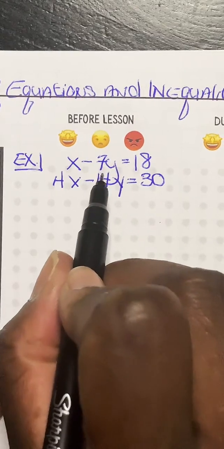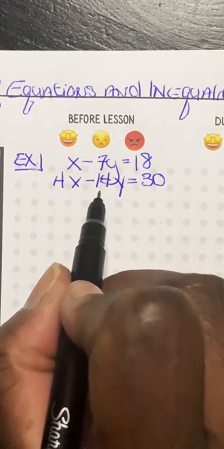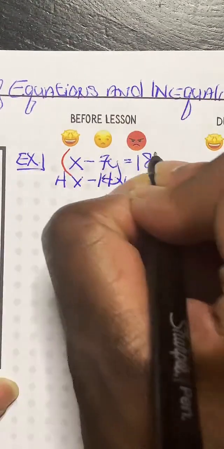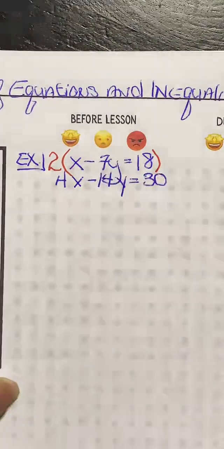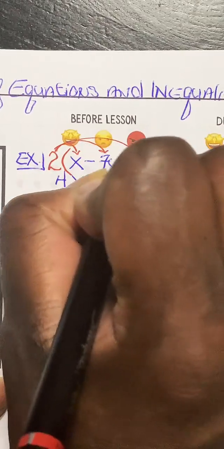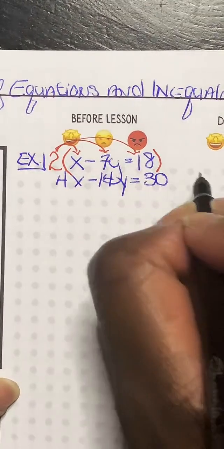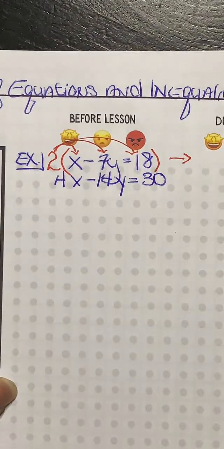But I can't just multiply just the 7 by 2 to make it into a 14. I need to multiply this whole entire equation. I know, right? So now we're going to distribute. When you distribute, you multiply everything in that first equation by 2.